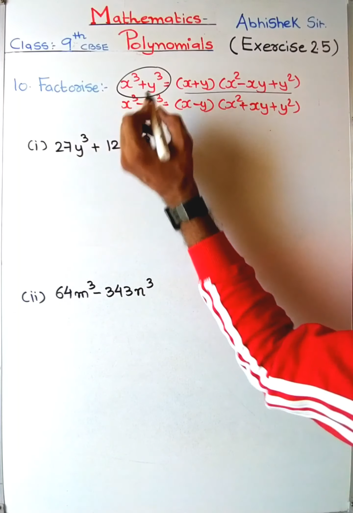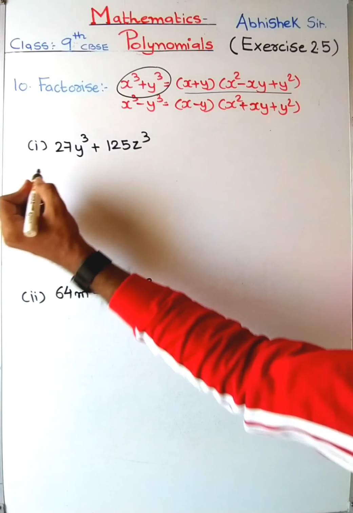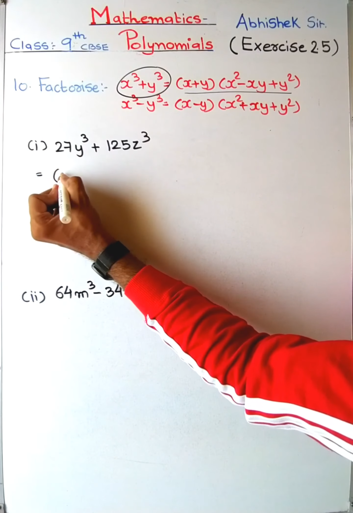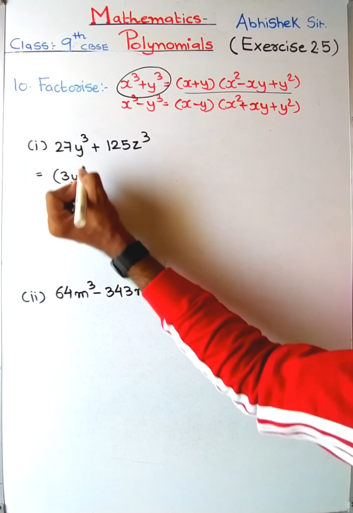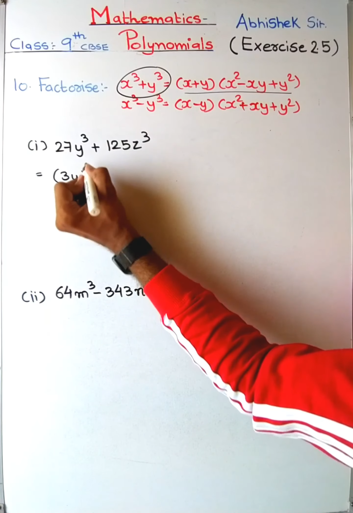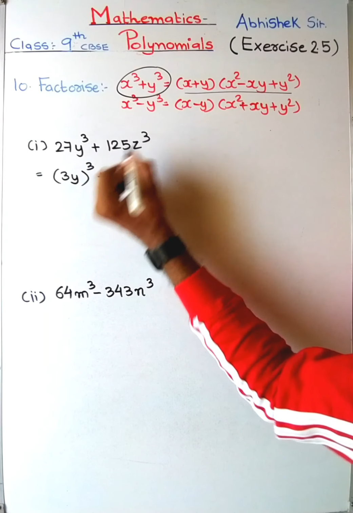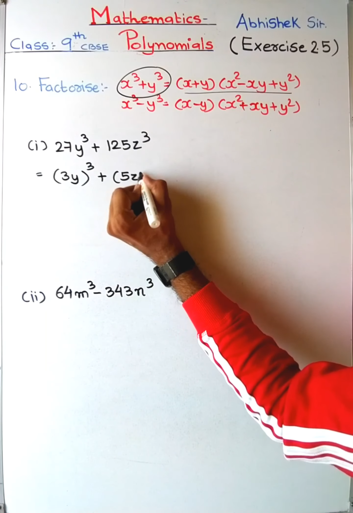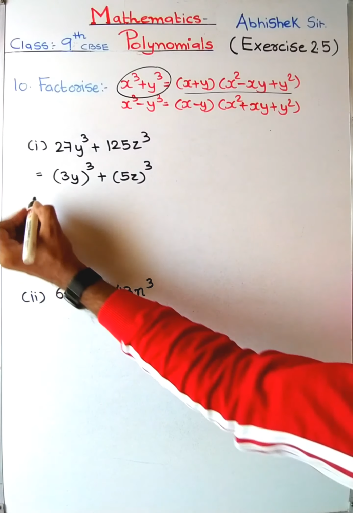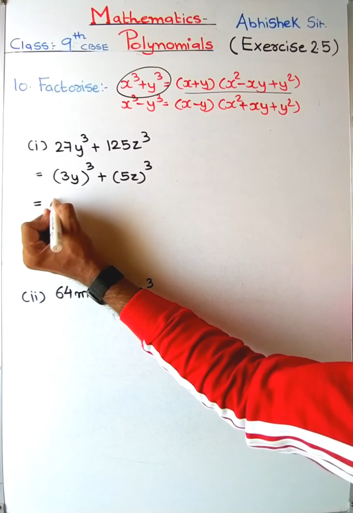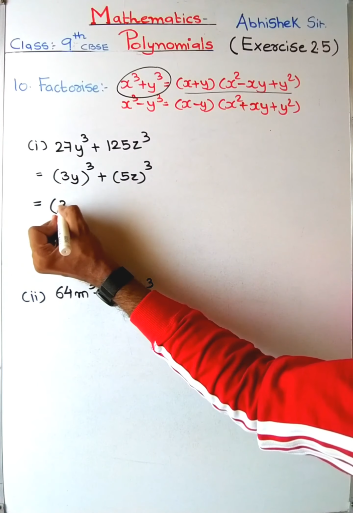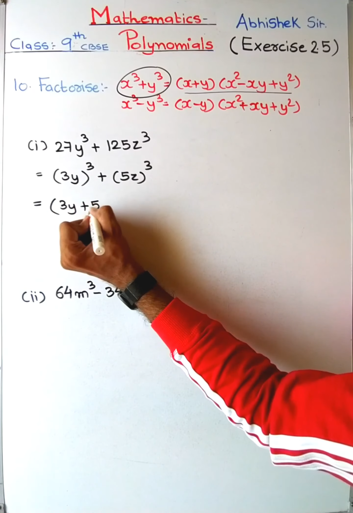Okay, so let us see whose cubes these two numbers are. 27 is 3 cube, and we have y cube, so we will write it as 3y whole cube. 125z cube can be written as 5z whole cube. Now the final step is to add these two numbers in the bracket, so 3y plus 5z.